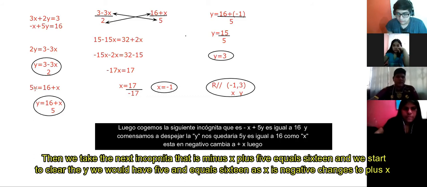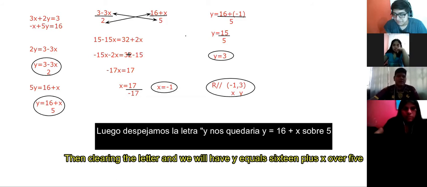Then we take the next unknown, which is minus x plus 5 equals 16, and we start to clear. As x is negative, change to plus x, clearing the letter, and we will have the equal system plus x over 5.